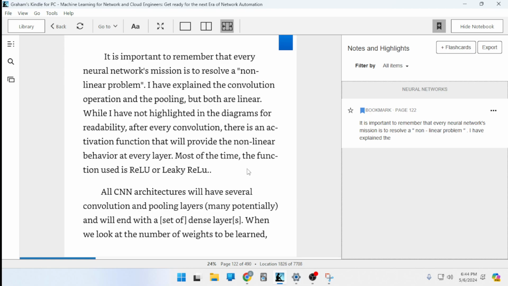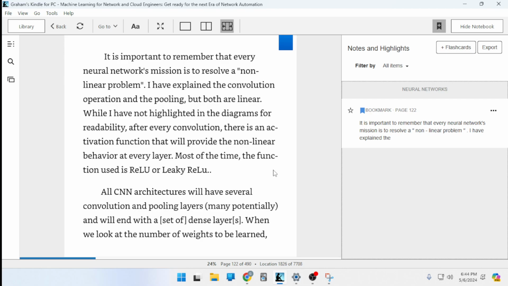So like a lot, maybe millions, billions. I don't know what he means by many. And we'll end with a set of dense layers. Or it could end with a single dense layer.